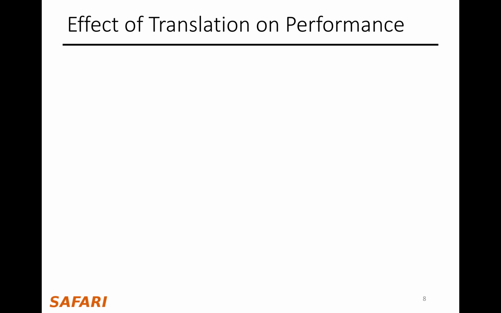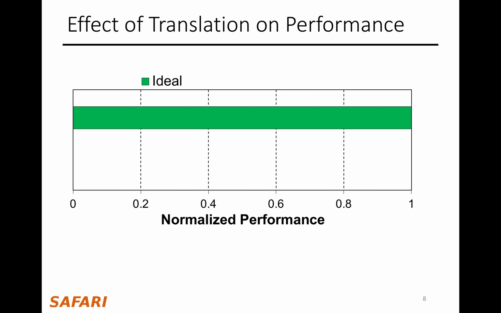So let's see what the effects of address translation on GPU performance are. On this plot here, I show the normalized performance of GPU applications. In this green bar, I show the ideal baseline where every single TLB access is a TLB hit. In this yellow bar, I show the performance of the shared TLB, which is a design that utilizes a shared TLB in order to cache any partial translation data.